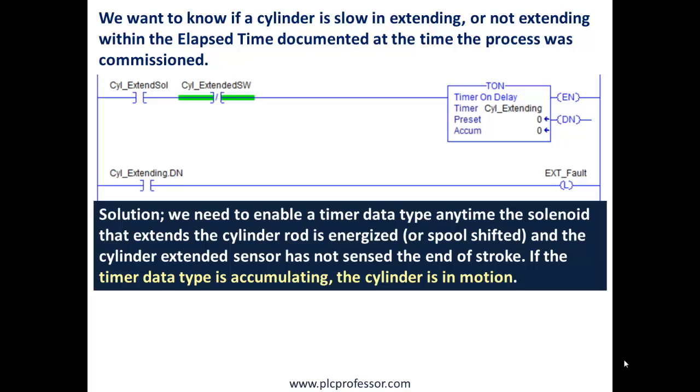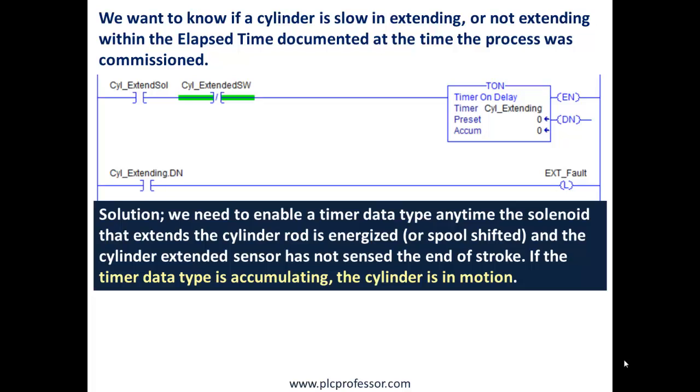If the extend motion interval exceeds the preset of the timer instruction, a bit is set or latched to capture the event, both the extend motion and the retract. As you know, flow controls are adjusted to maximize the speed of the process without allowing excessive banging at the end of stroke. If the operator or some space cadet walking by plays with the flow controls, this logic will detect that variance and announce it through the logic.